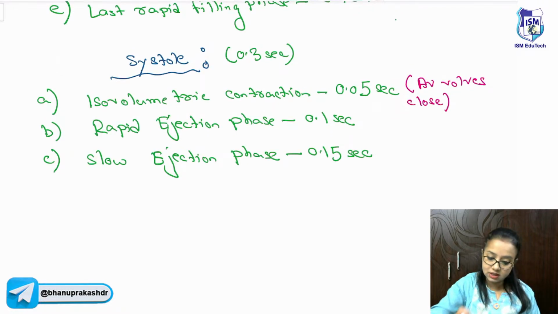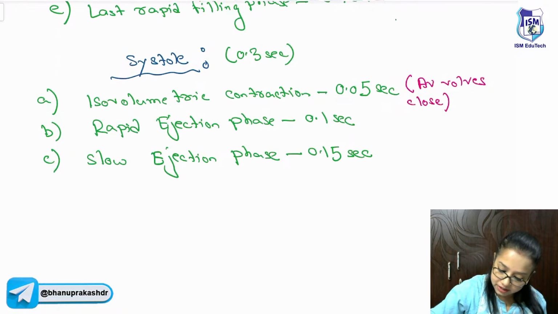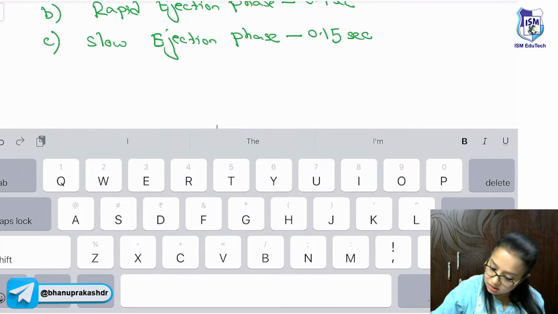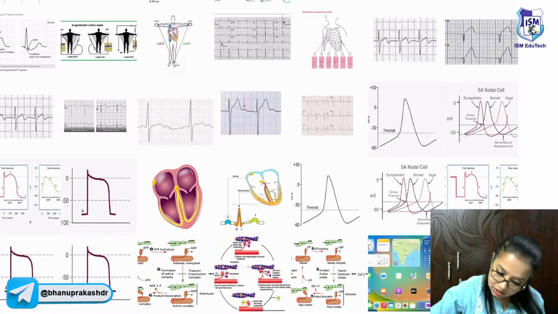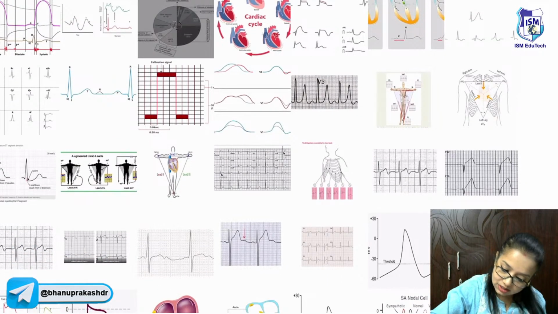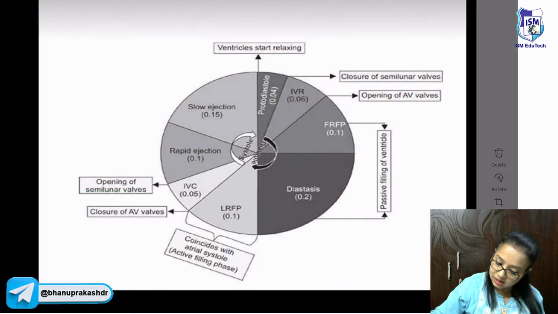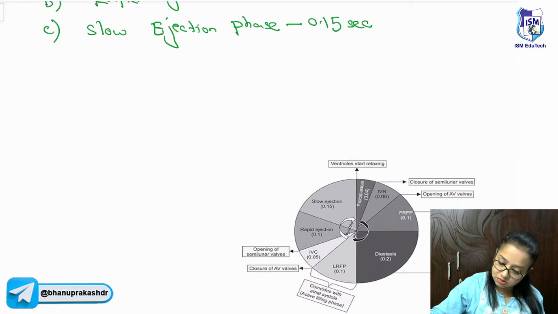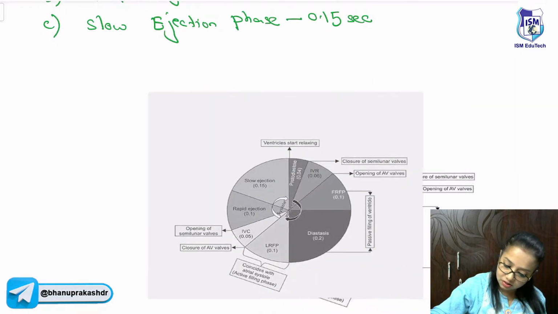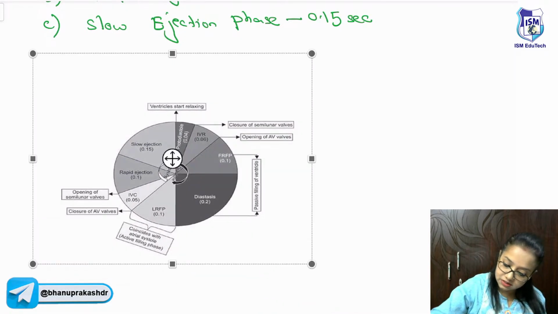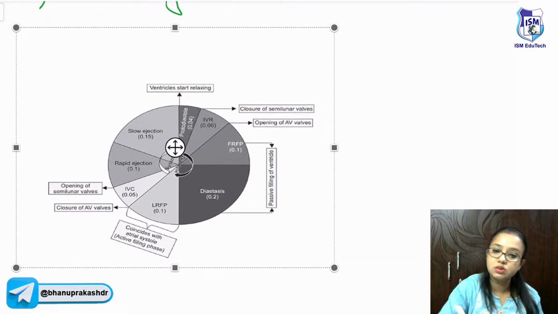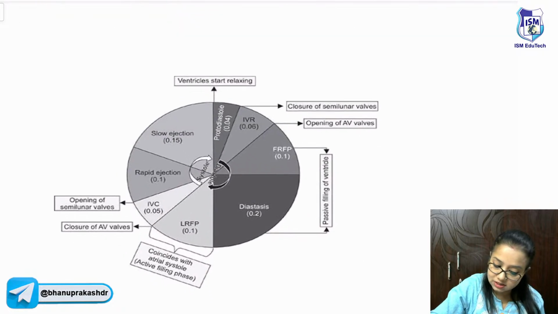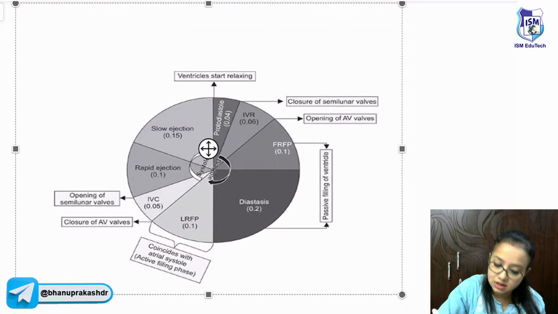Now the whole thing, just for our better remembrance, if we study it in the form of a pie chart, this is just for you guys to remember. It is something like this. A pie chart depicting the different stages of the cardiac cycle, showing the different stages in the ventricular systole and diastole.